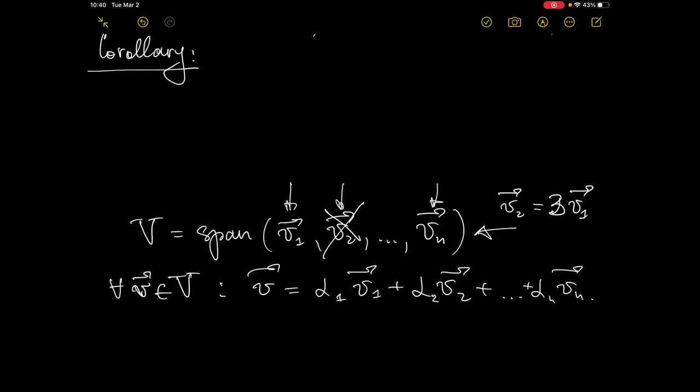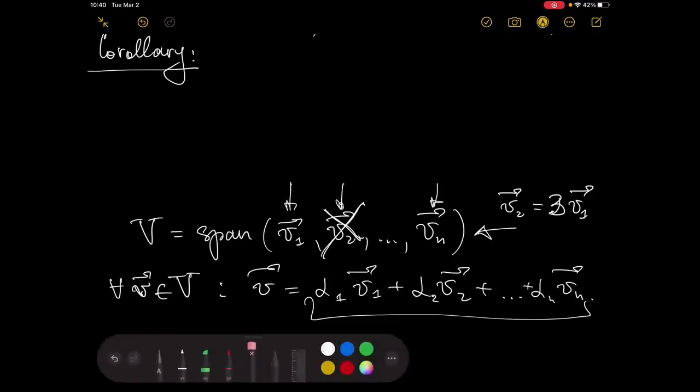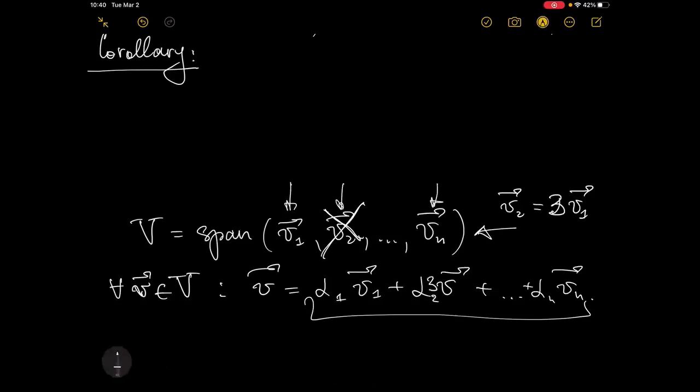So essentially, you can eliminate this vector from the spanning set, and the span stays the same. All possible linear combinations stay the same. Why? Because in this case, you can just replace v2 with 3v1, right? So no problem.